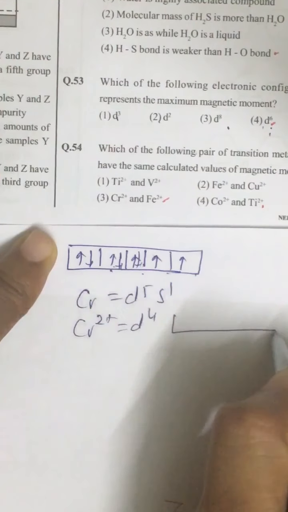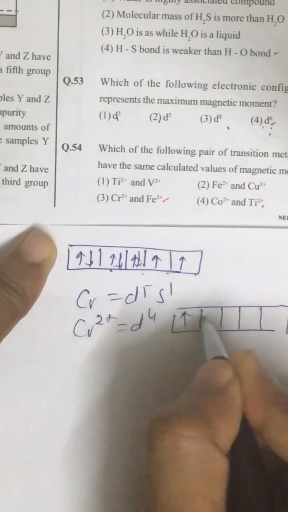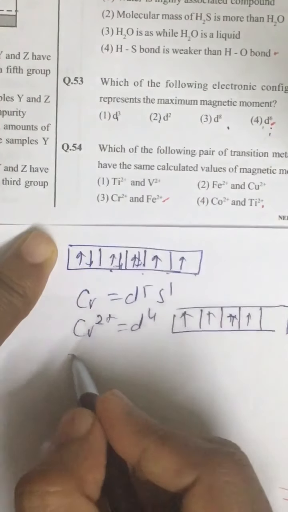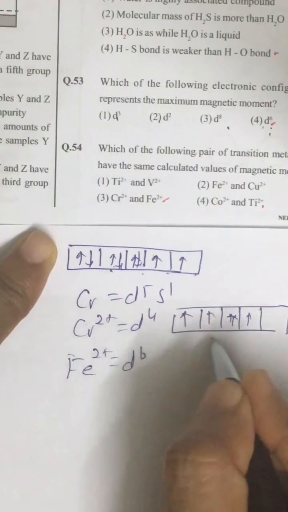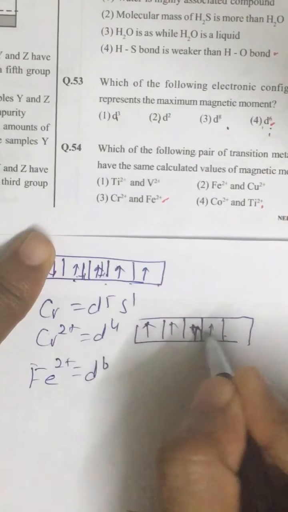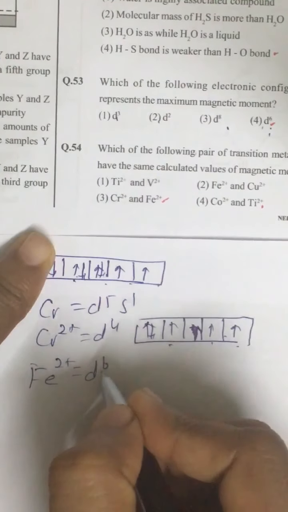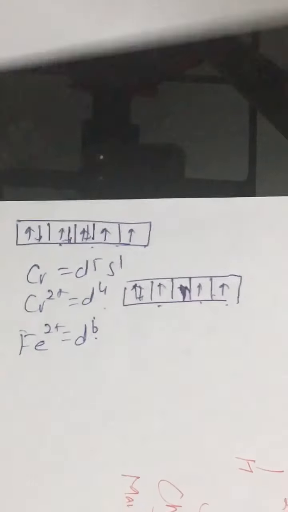In d4 we have 4 unpaired electrons, 1, 2, 3, 4. And Fe2+ is d6. In d6 also we have 4 unpaired electrons, since after 4 it is filled with 5 and then 6. Again we have 4 unpaired electrons. So the correct answer is the third option.